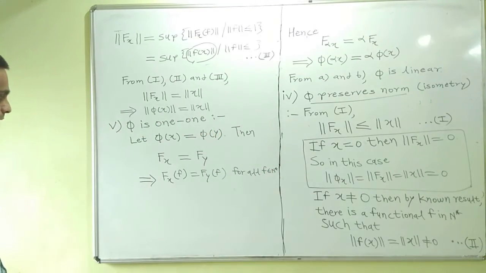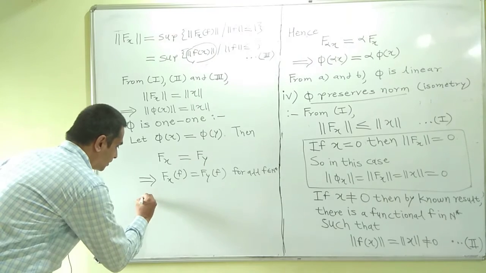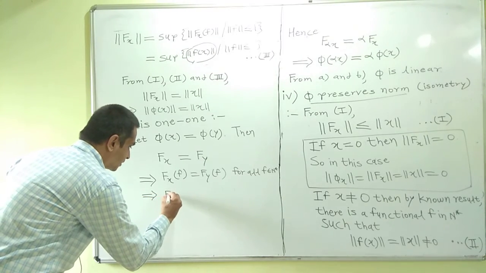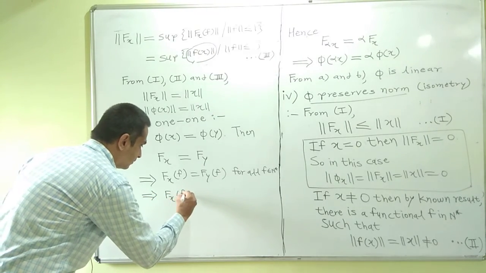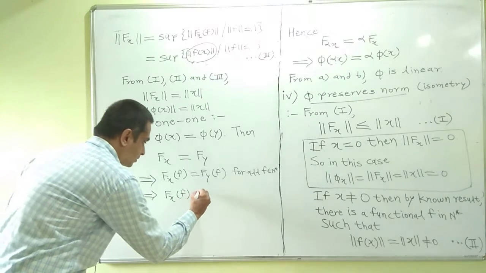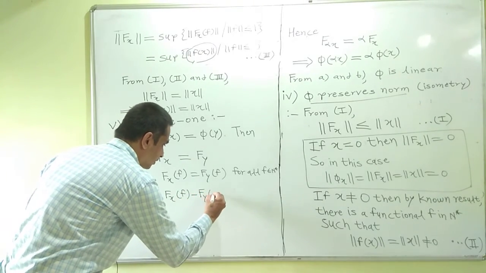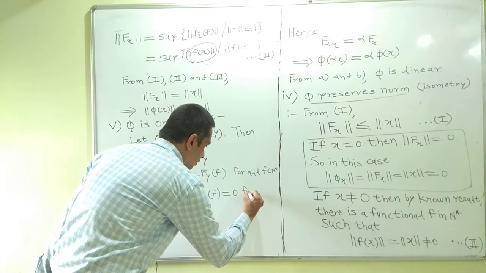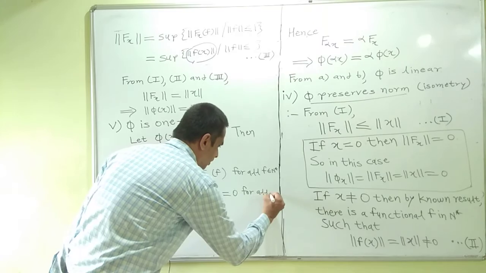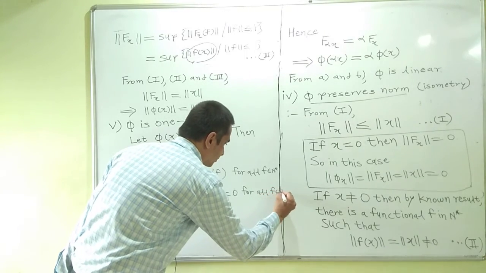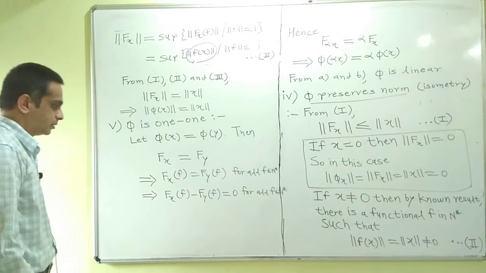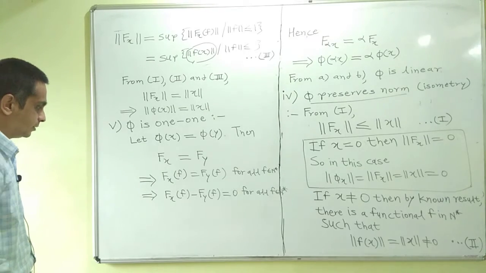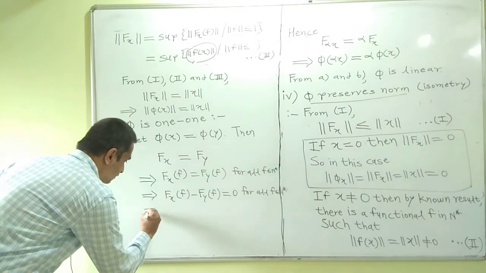Okay. So this would imply that fx of f minus fy of f is equal to 0 for all f belongs to n star. Now we can use the linearity of function phi.